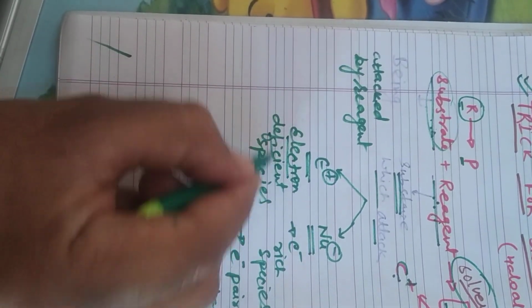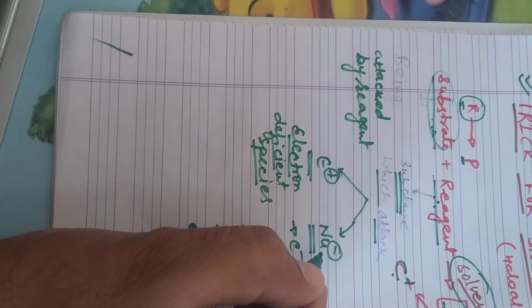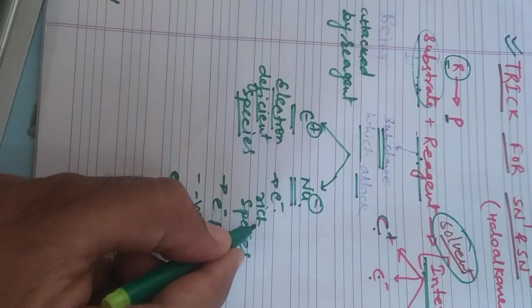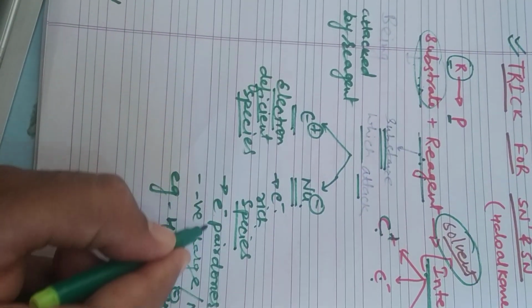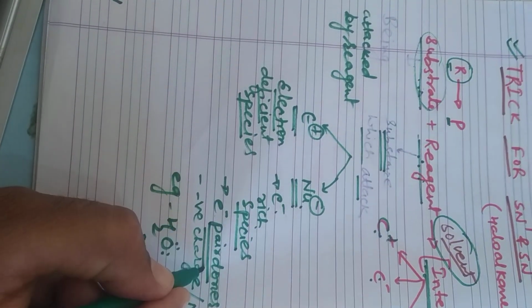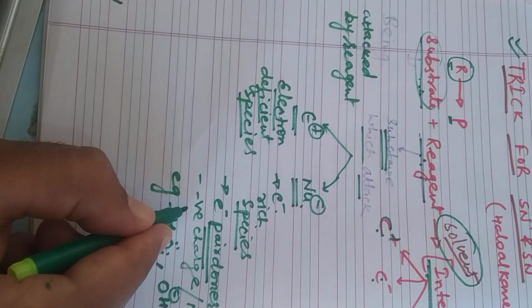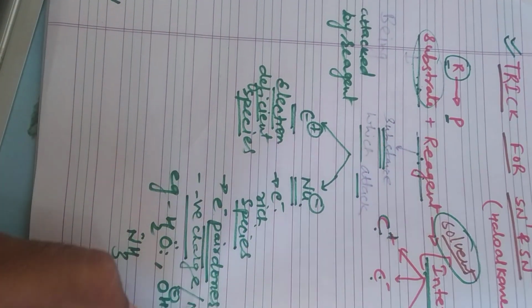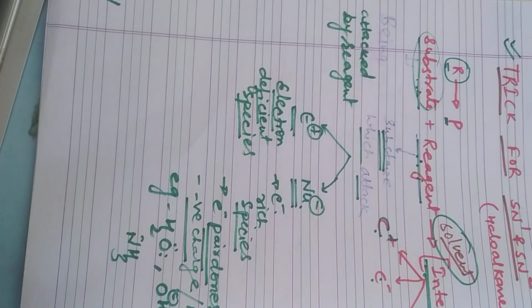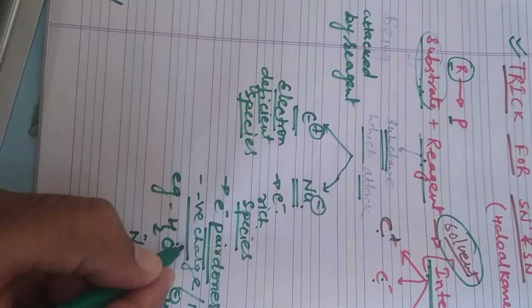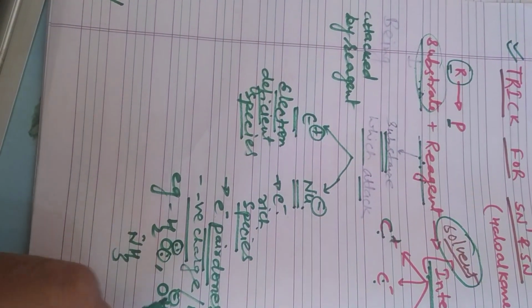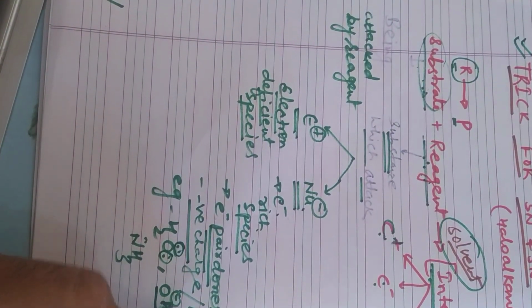Electrophile is an electron deficient species, and nucleophiles are electron rich species which donate a pair of electrons, or they may have a negative charge, or they may be neutral species. Example, H2O has two lone pairs. OH minus has a negative charge.